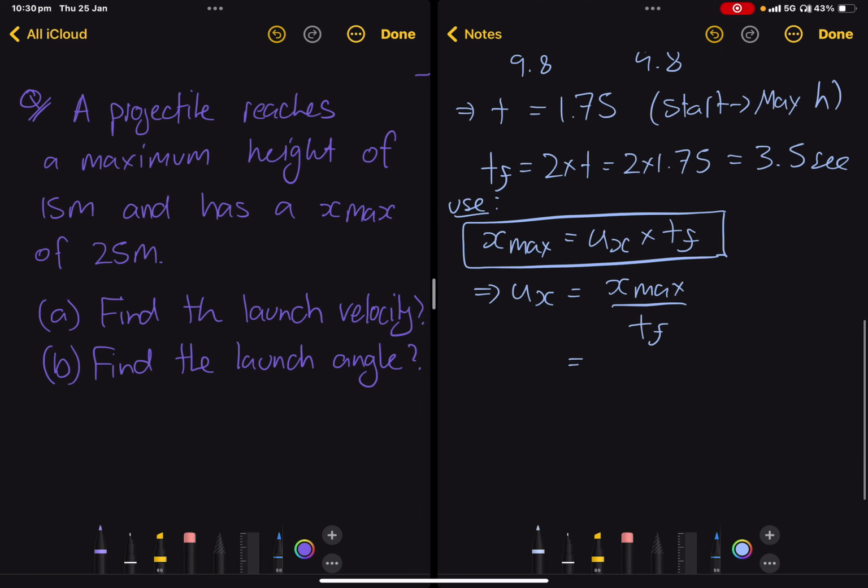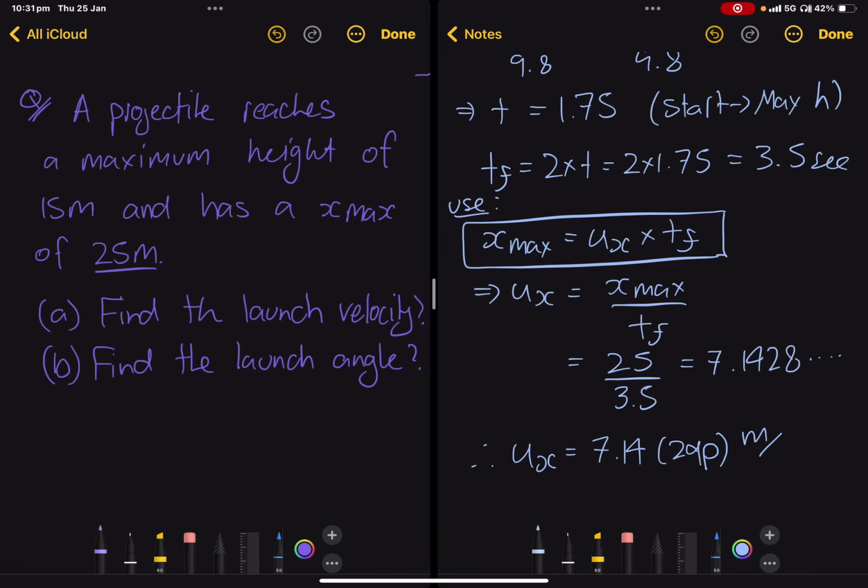We said x max was 25 meters. This was given to us in the question. Time of flight is 3.5 seconds. So we should have 50 on 7. 50 divided by 7 in our calculator is 7.1428... So the initial velocity in x is about 7.14, 2 decimal places, meters per second.